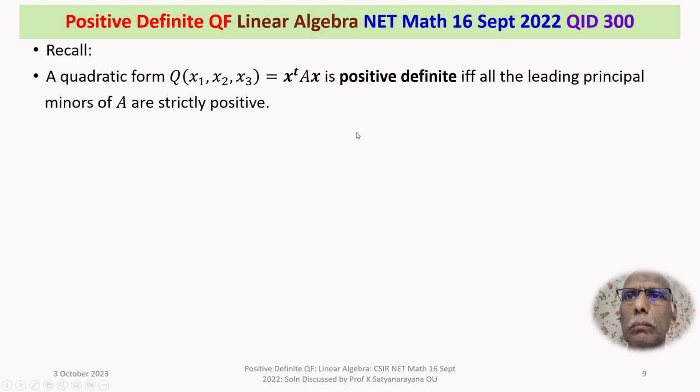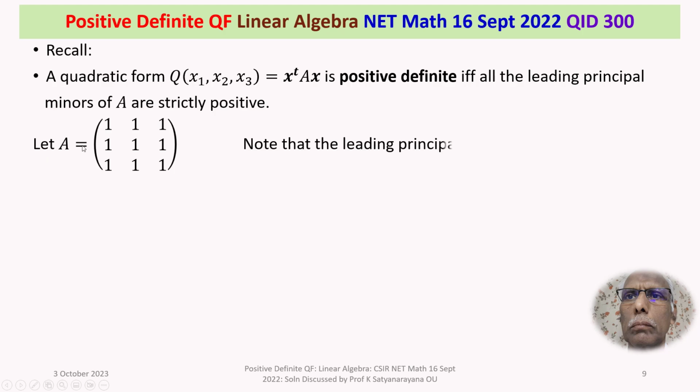All the leading principal minors of A are strictly positive. Now let the real symmetric matrix A be 1, 1, 1, 1, 1, 1, 1, 1, 1. All entries are 1.